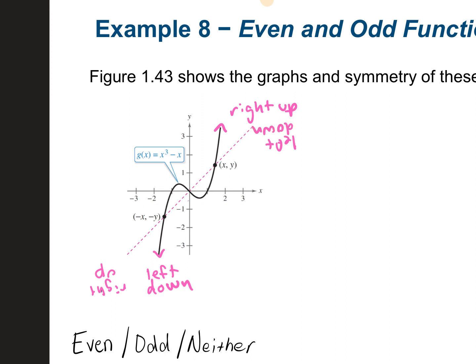So this would be symmetrical about the origin. So this is an odd function. So for every odd function, you can take your iPad, flip it upside down. If it's the same image, then it's odd.